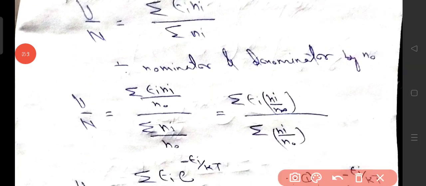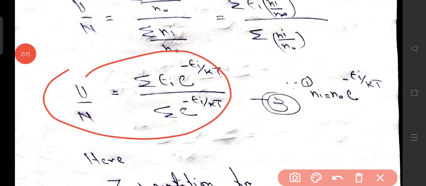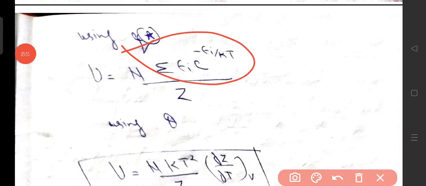Now divide both the numerator and denominator by N naught. So Ni divided by N naught is equal to e power Ei divided by kT. In this manner you will get this expression, and the denominator is known as the partition function, which is Z.